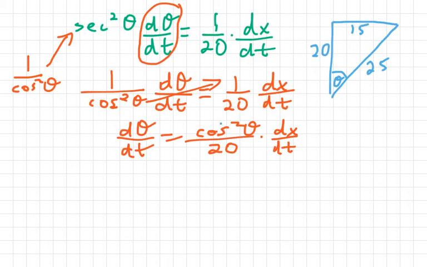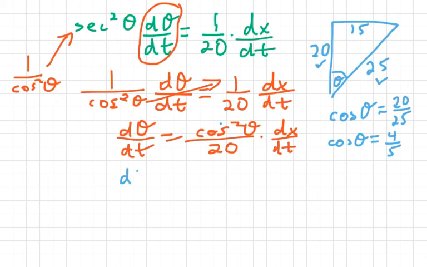Well, cos we know is adjacent over the hypotenuse. So cos theta is equal to 20 over 25. And I simplify that down, I get cos theta equals 4/5. So rather than solving for theta, we can just get rid of the cos squared.